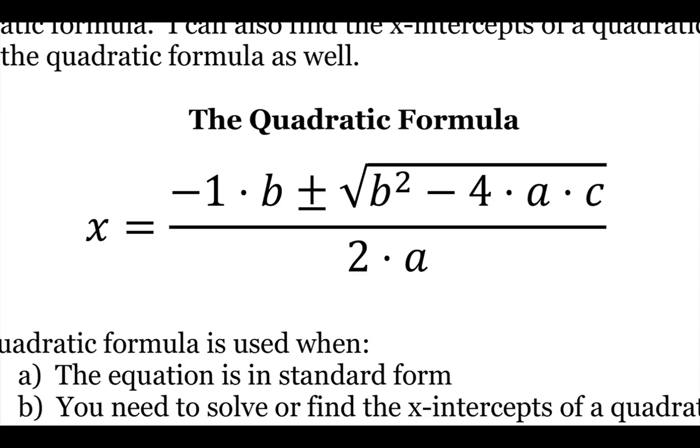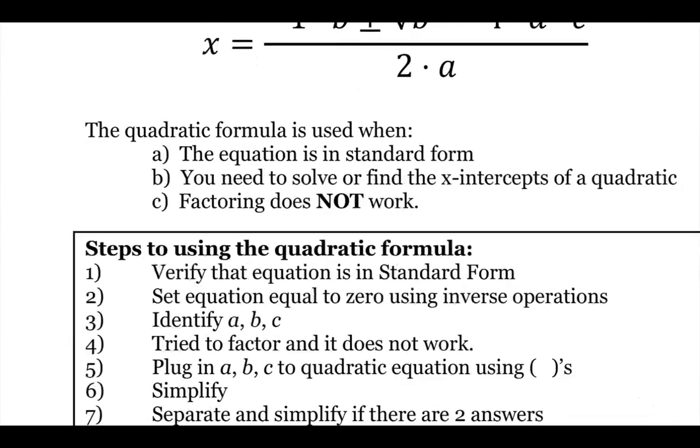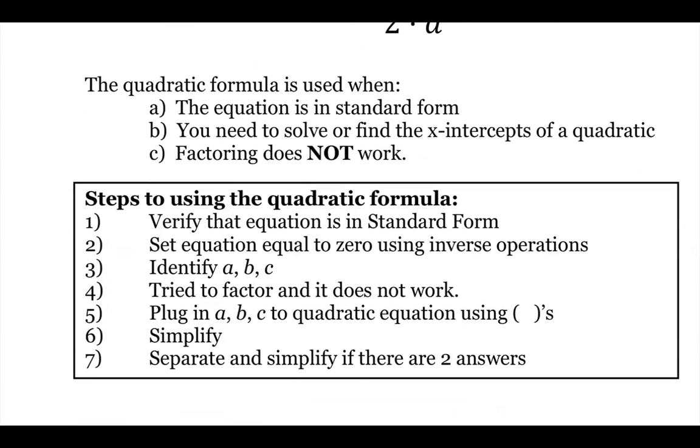But don't you see a bunch of A's, B's, and C's? We've seen those before, right? You guys know where those come from, right? A, B, C. So that's what we're going to use. So the first thing we need to do is verify that the equation is in standard form. If it's not, change it to standard form. We've done that before. Make sure it's equal to 0. Identify A, B, and C. Steps 1, 2, and 3 we've done many times before.